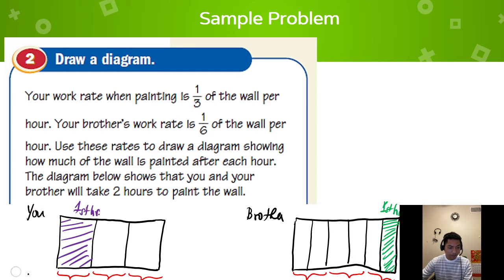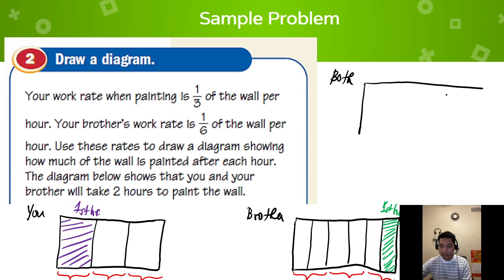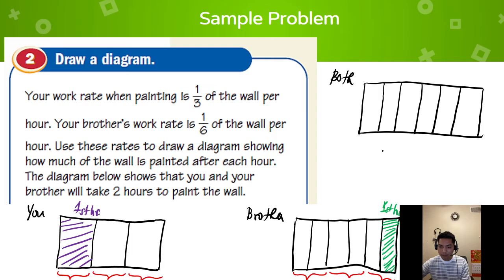Now, what if both of you are working? How do we picture it in a diagram? So let me divide this into 6 parts. So 1, 2, 3, 4, and 5. So let me draw it again.